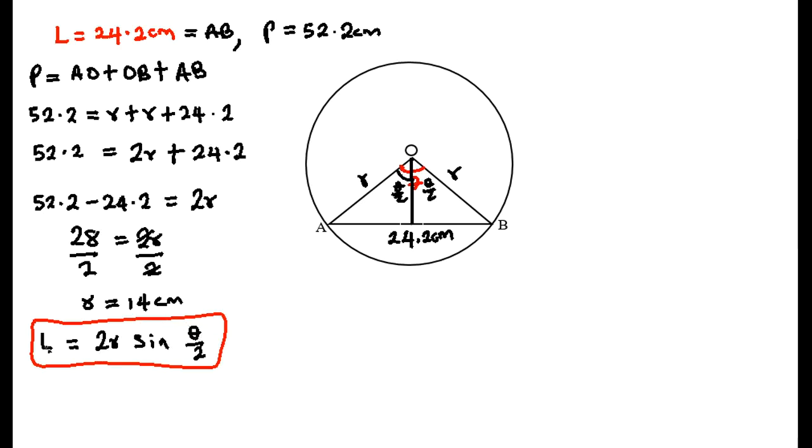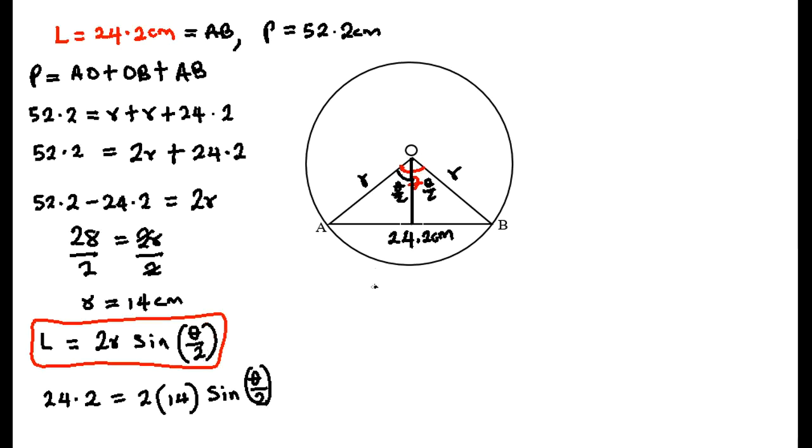My L, the length of the chord, is 24.2. So 24.2 equals 2 brackets, my radius is 14, sine, I don't know my theta, so let's put it down as theta over 2.